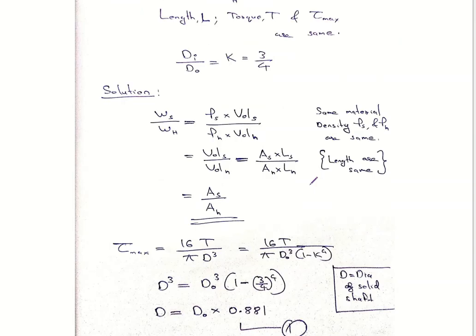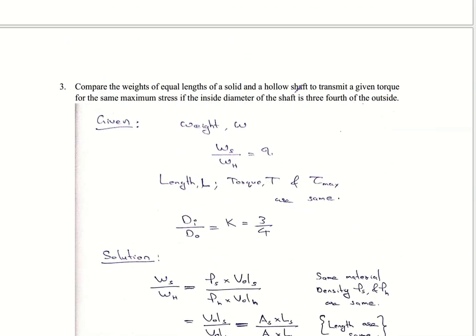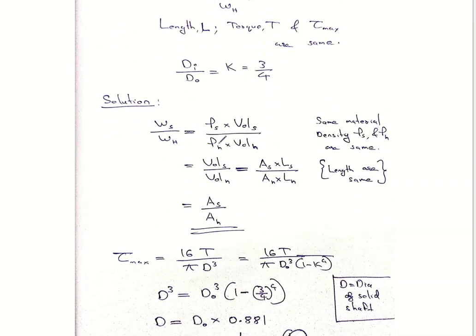Now, to break this down further, to simplify it further, weight is nothing but density into volume. Here the material we are assuming to be same because it is not mentioned that the materials are different. So we can assume that the materials are same, so the densities are equal. So the weight ratio becomes volume ratio. Now, volume of a cylinder or a shaft is nothing but area into length.